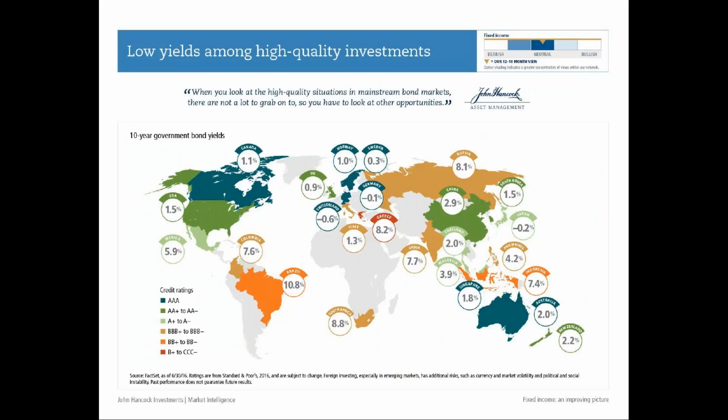So the first chart here is talking about those low yields. We're in unprecedented times today in that there are negative yielding bonds. Logically, this makes no sense, and academically speaking, there hasn't been any precedent for this. So basically, people are paying for someone to hold their money.